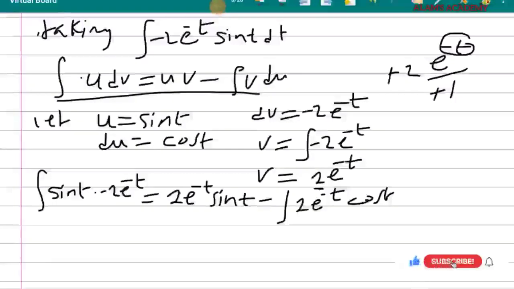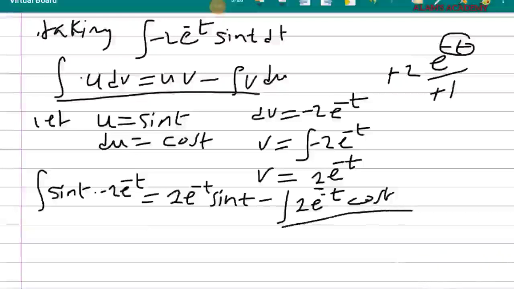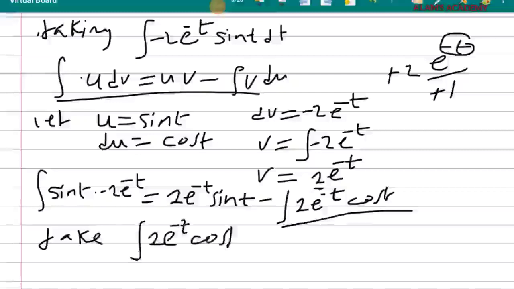Now we have done the first integration, but yet still we can't quickly integrate this side. So therefore we take only this side and deal with it, and then substitute inside the first equation. So let's say this is equation 1. So we solve this and bring it back and substitute inside equation 1.